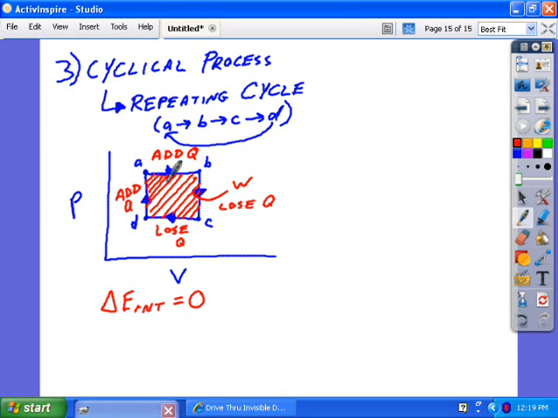Right? So the amount of work that is getting done is equal to the heat. Now, we will talk about several of these cyclical processes in the near future. But just know that the work is going to be equal to the amount of heat that you get in there. Okay?